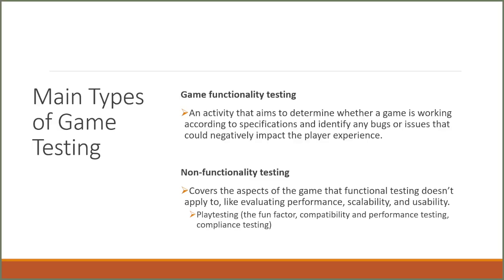So there are different types of game testing. We have game functionality testing and non-functionality testing. Functionality testing, which is basically finding bugs, is the most traditional form of testing, and testers try to break the game by doing things that developers didn't expect.